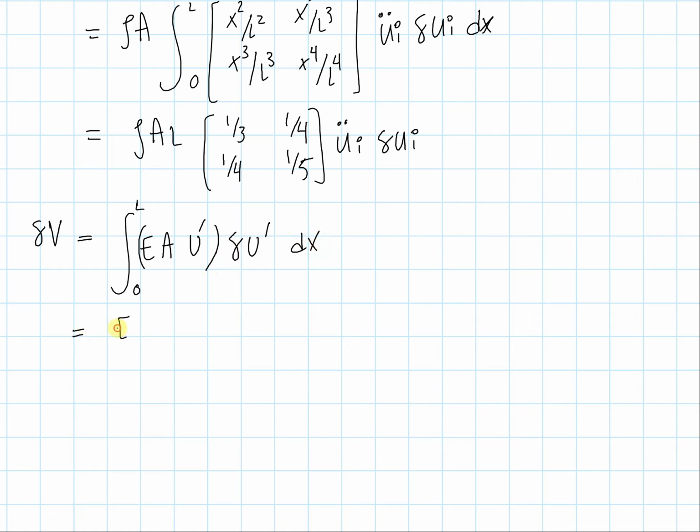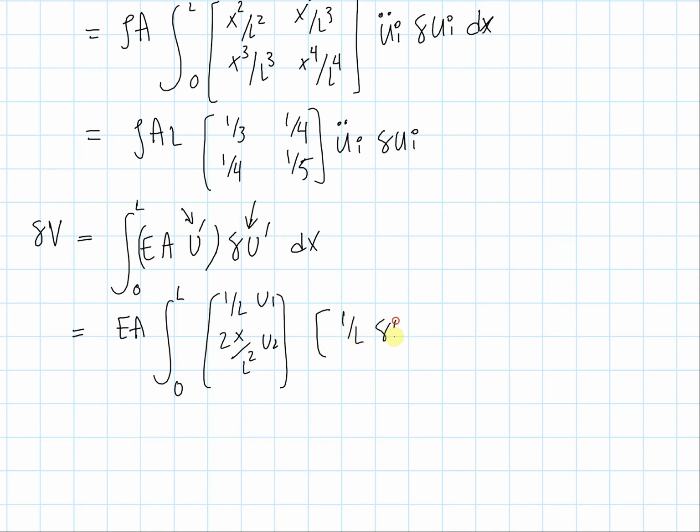All right, let's plug parameters in. I pulled the E and A out of the integral because they're not functions of x, they're constants. What I get is 1 over L, 2x over L squared. And I should also put a U1 here, and a U2 here. Okay, so what we have, this is our column vector. Again, this term is going to be a column vector, and this term here is going to be a row vector. So we have 1 over L, delta U1. We have 2x over L squared, and that's a delta U2.